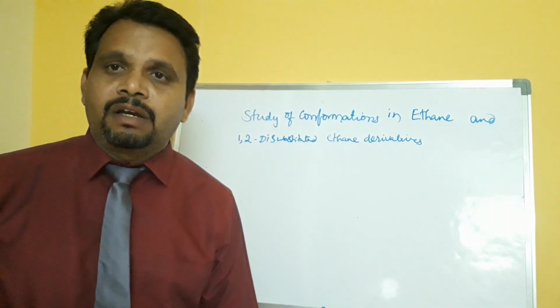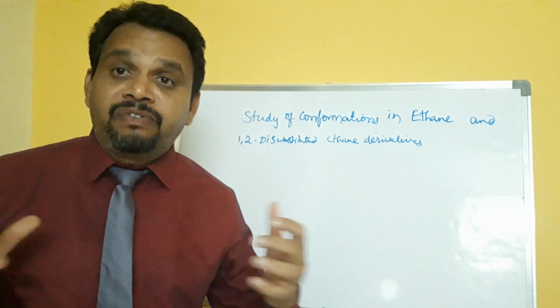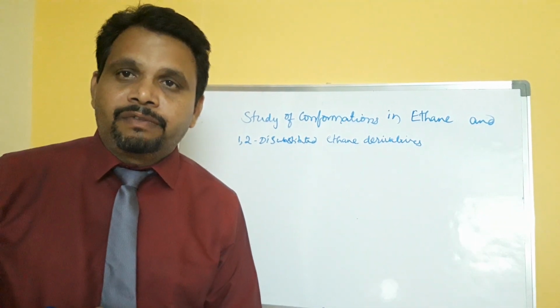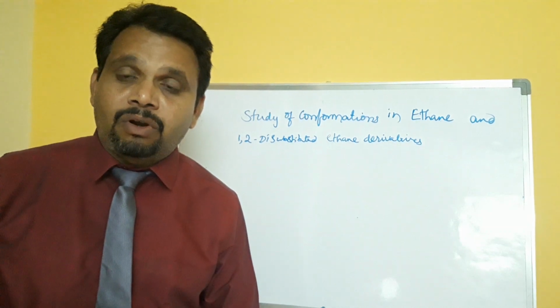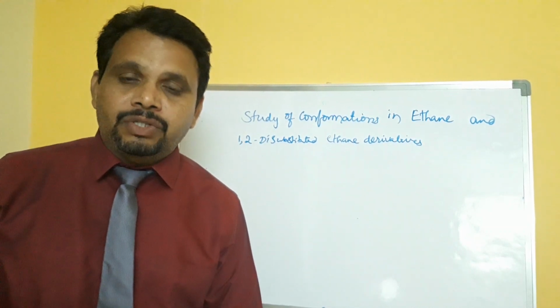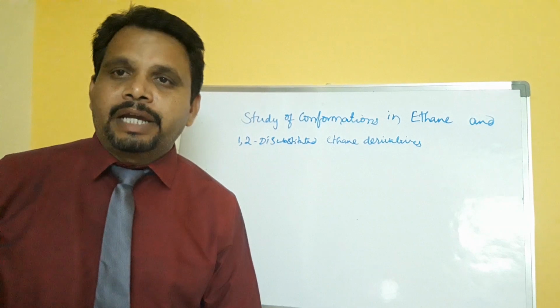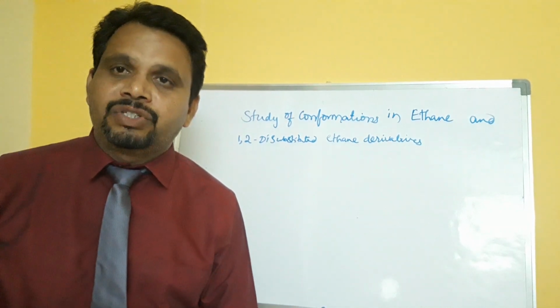Okay, so these are the factors which can influence the stability of different conformers. You should remember these factors so that you can easily identify which is more stable and which is less stable.